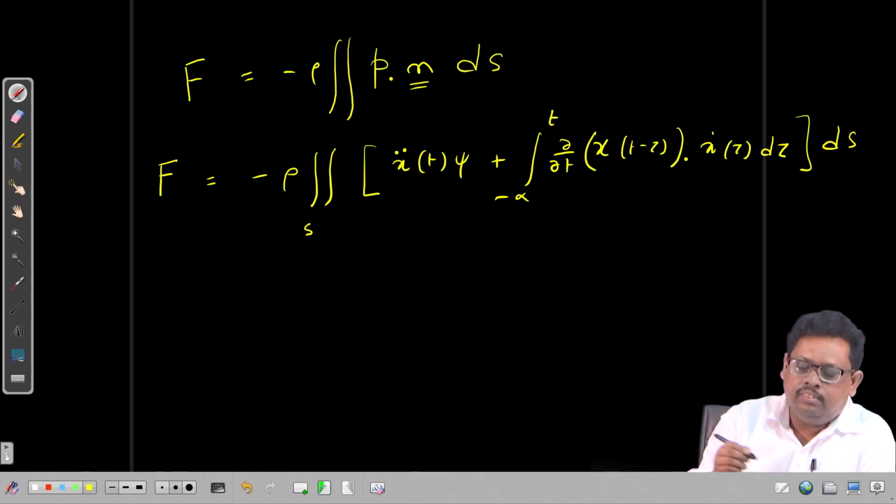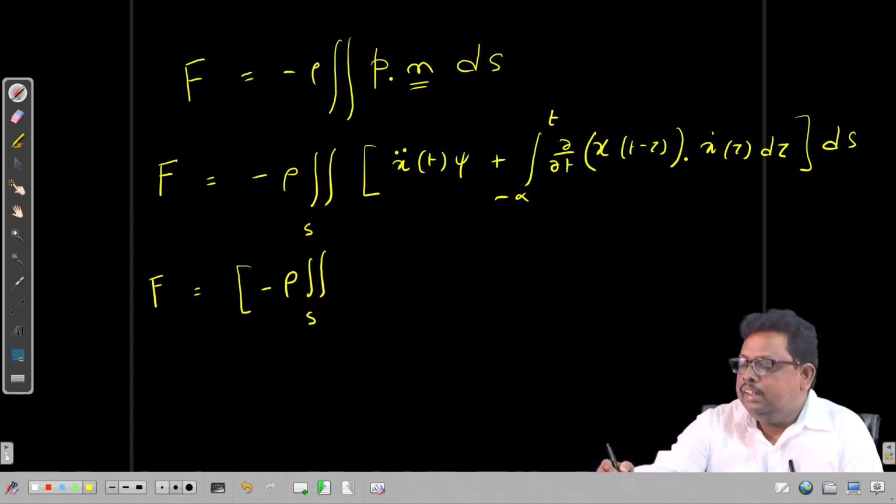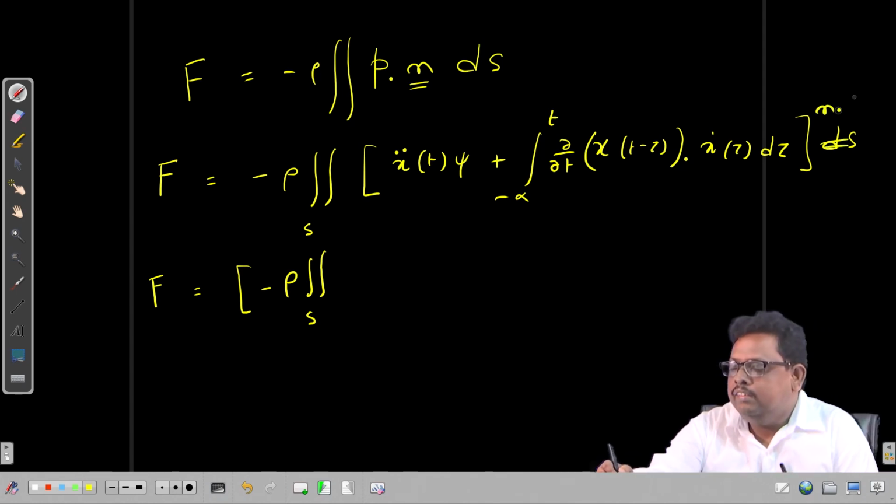Now I just need to rearrange this a little bit. Okay. So, let me rearrange as follows. This is minus rho over the S, and here it should be n into ds.